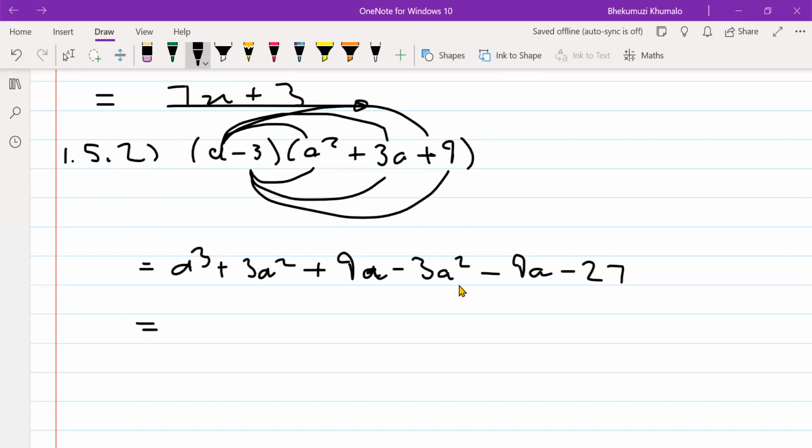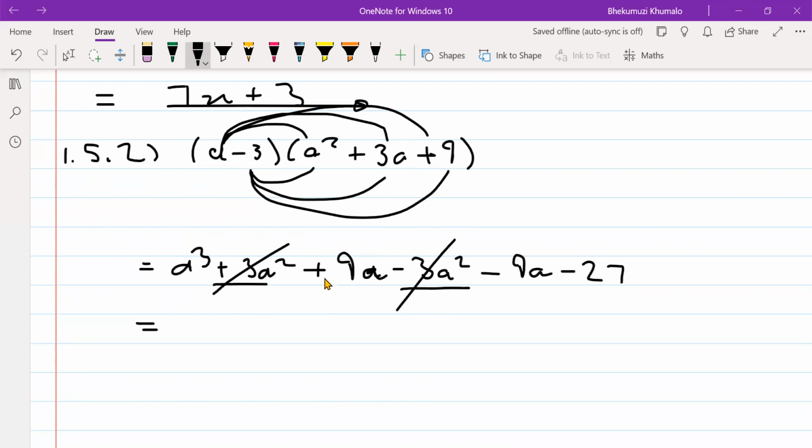Okay, now we look at the like terms. What are the like terms here? So a to the power 3 is the only one that is to the power 3, so there's no like term like it. Okay, but then we look at the next one. It's plus 3a squared. We do see that there is a negative 3a squared. So that actually cancels each other out because it's the same value, but different signs, one being positive and one being negative, right?